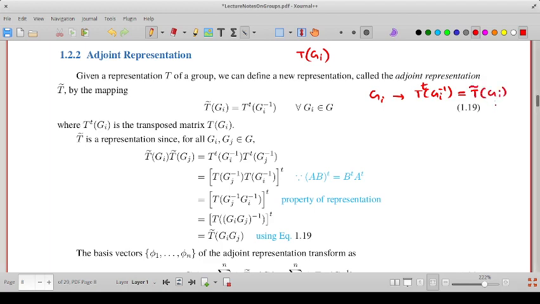So, given a group element Gi and a representation T, we take the representation matrix of Gi inverse, then take its transpose and call it T tilde Gi.